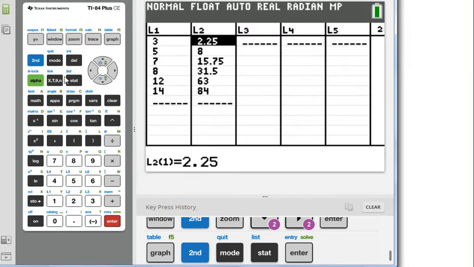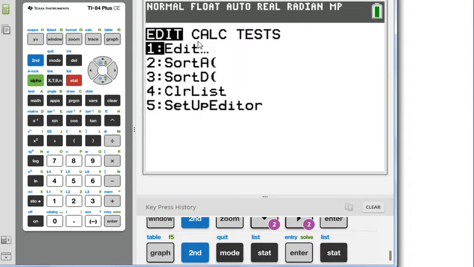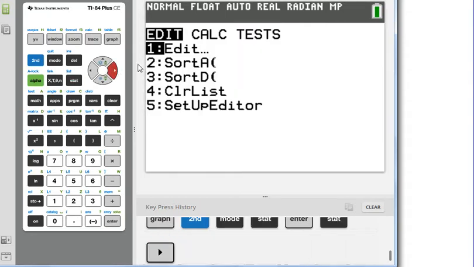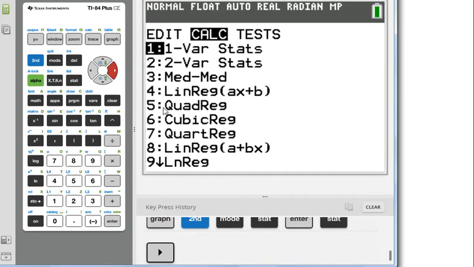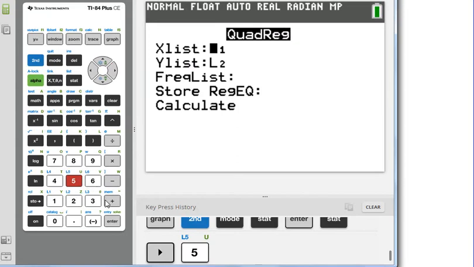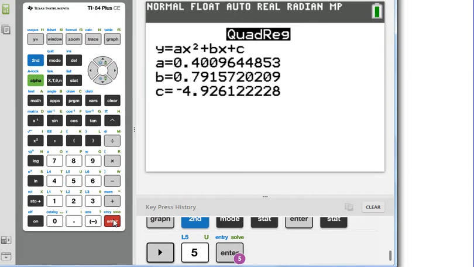And to get this quadratic function, we go to stat calc, arrowing once to the right, and go to 5 for quadratic regression. We press 5 and then we press enter until we get a calculation.